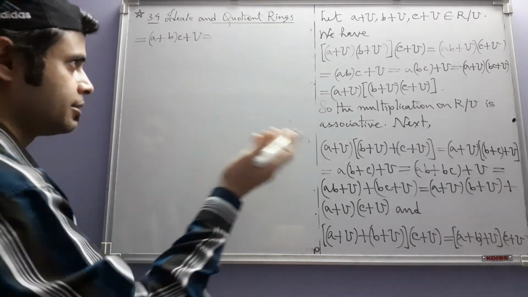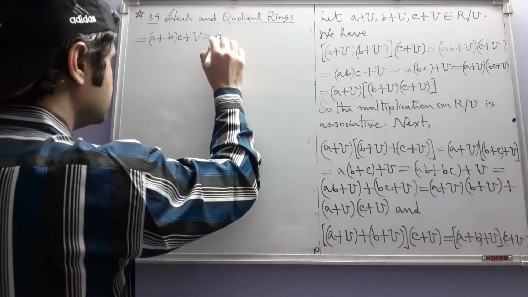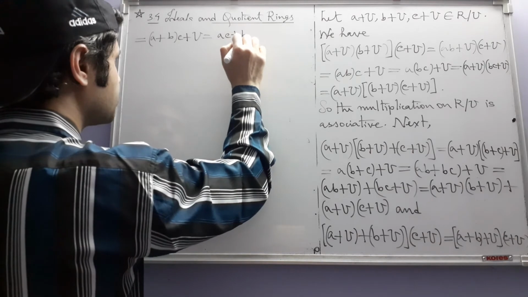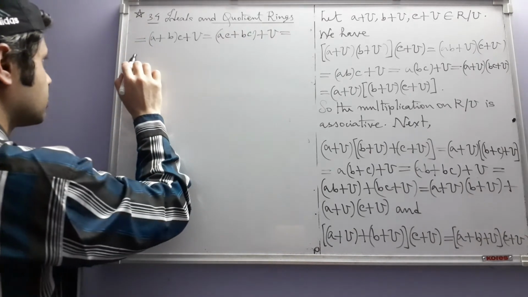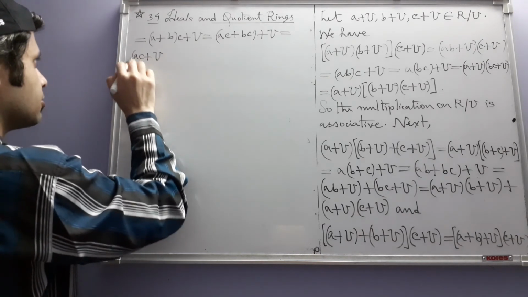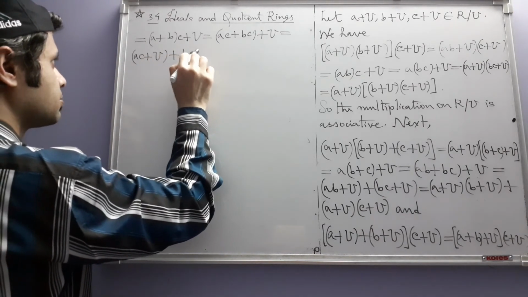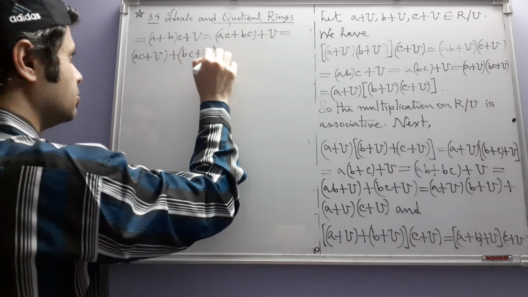Using the right distributive law in the ring R, this becomes ac plus bc plus u, which is equal to (ac plus u) plus (bc plus u).